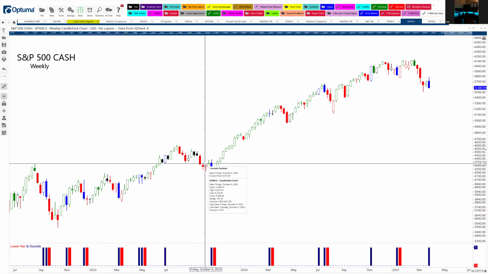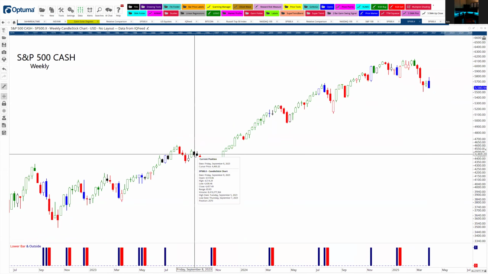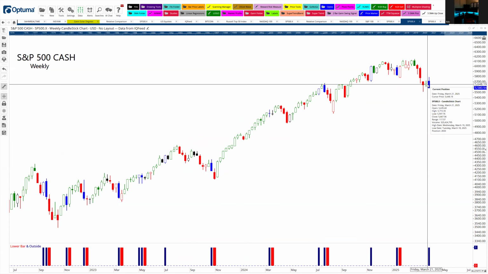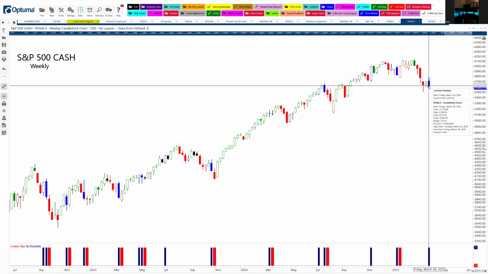Inside bars are just neutral bars. These are the very sneaky bars. They form a lot of the time a top and a bottom.